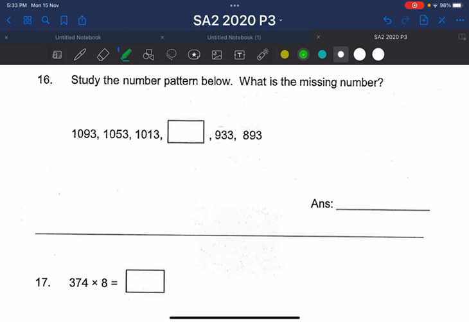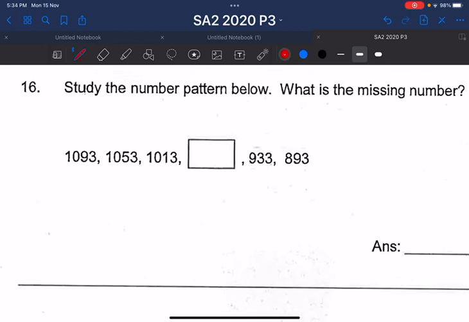Okay, so let's start with question number 16. Now, question number 16 is a number pattern, a number pattern in which the numbers are decreasing. Since primary 1 all the way to primary 2, you would have remembered that your teachers would ask you to write out all these arrows to show the changing pattern, right?